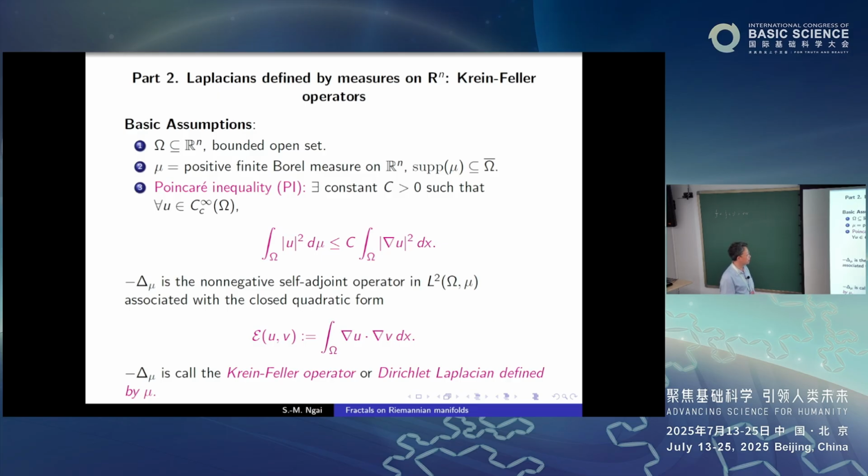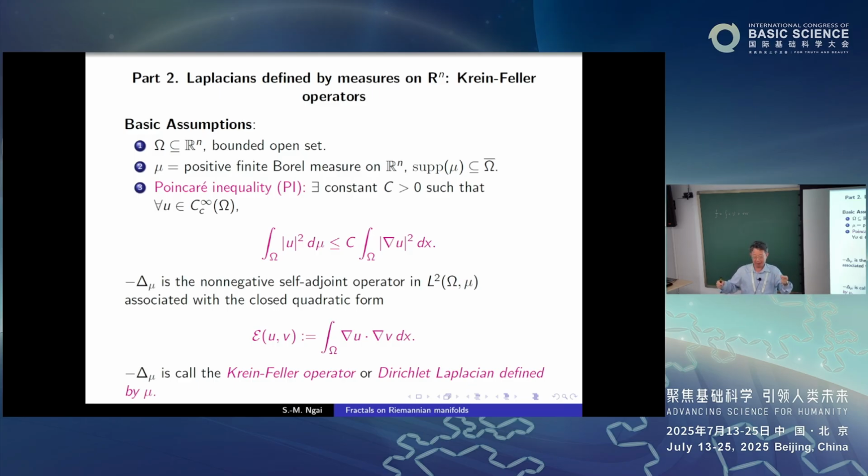We're interested in the case where mu is a fractal measure. All right, so now we have this Laplacian defined on a domain, and it depends on the measure.